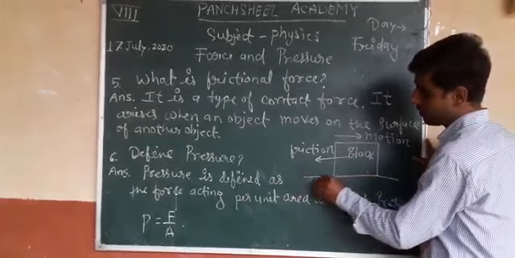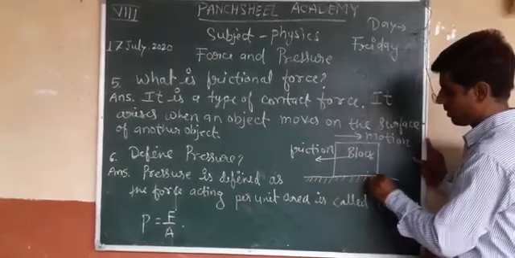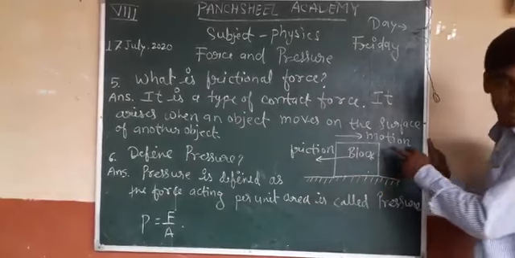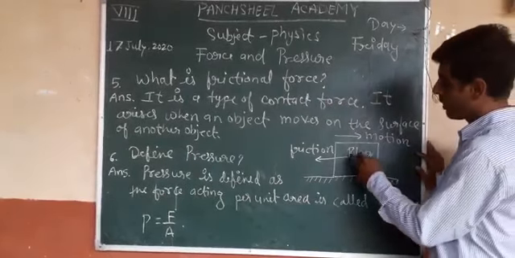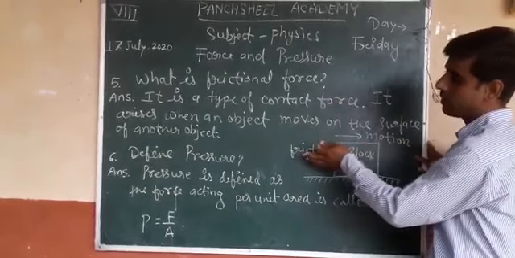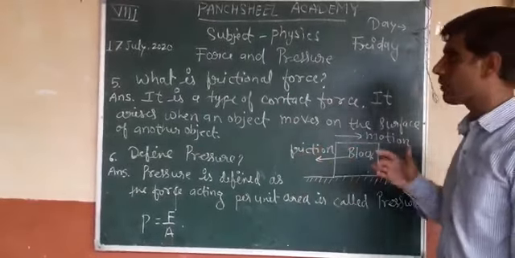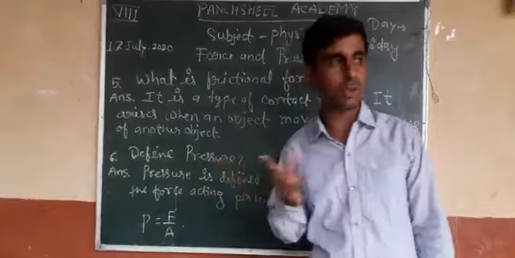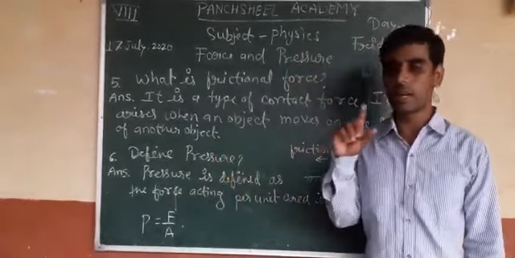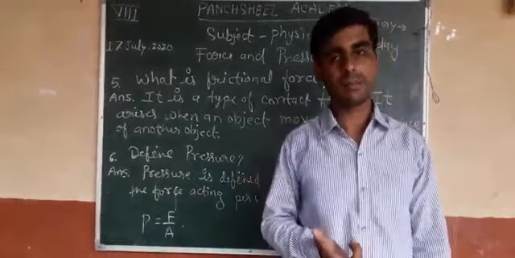This is one surface, and this is the second. So if the block moves in this direction, the friction acts in the opposite direction, so the frictional force is a force which acts in the opposite direction of the applied force.